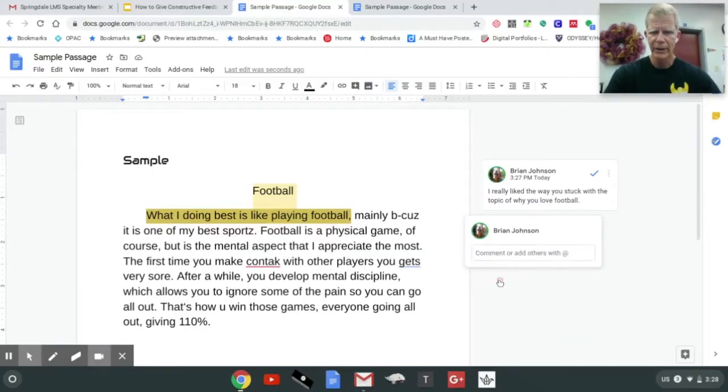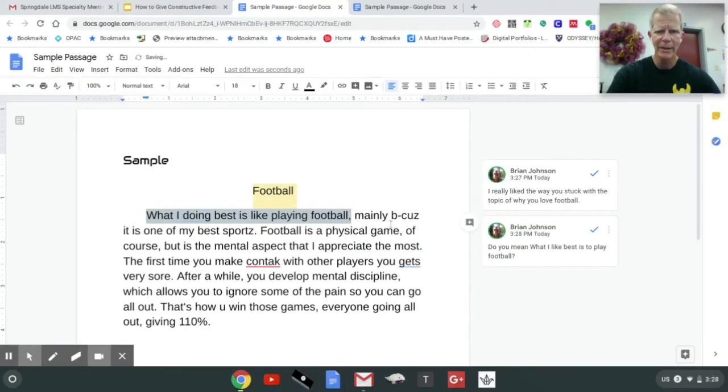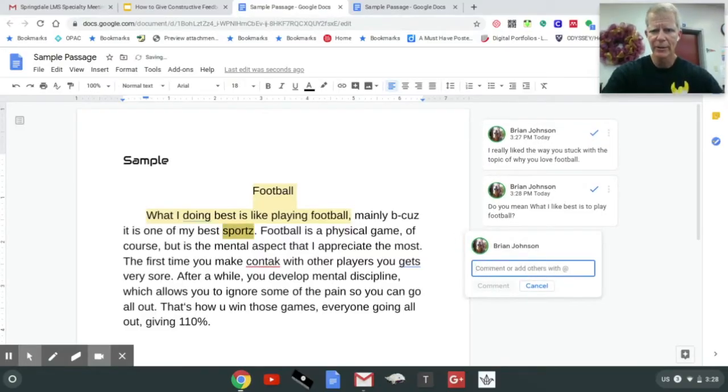That's a way we can give some question feedback. Mainly because it is one of my best sports. So we've got a couple examples here, because and sports that are in text language. So I'm going to make a comment down here. Please do not use text language.